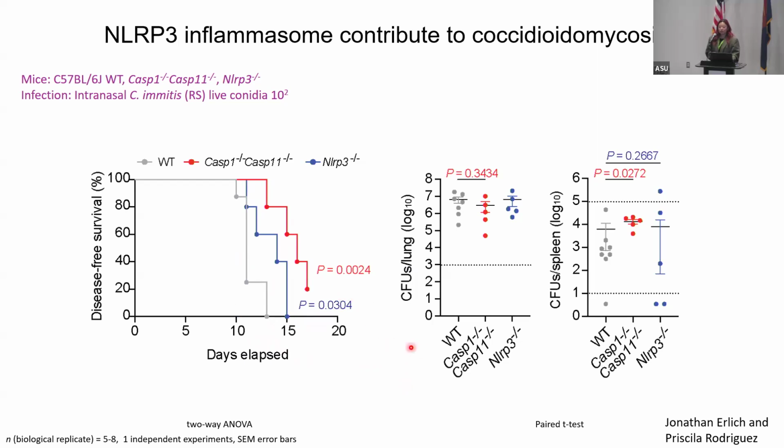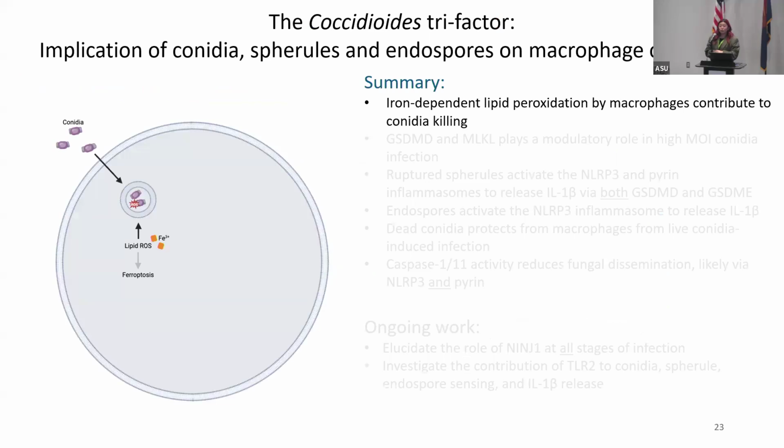Interestingly, the lung fungal burden showed no difference between the genotypes. When we look at the spleen fungal burden, we saw that caspase 1/11 knockouts had a higher fungal load, but not the NLRP3 knockouts. This suggests to us that perhaps pyrin is active and compensating for the loss of NLRP3 here. So overall, our data shows that Coccidioides infection triggers distinct but overlapping inflammasome pathways in macrophages.